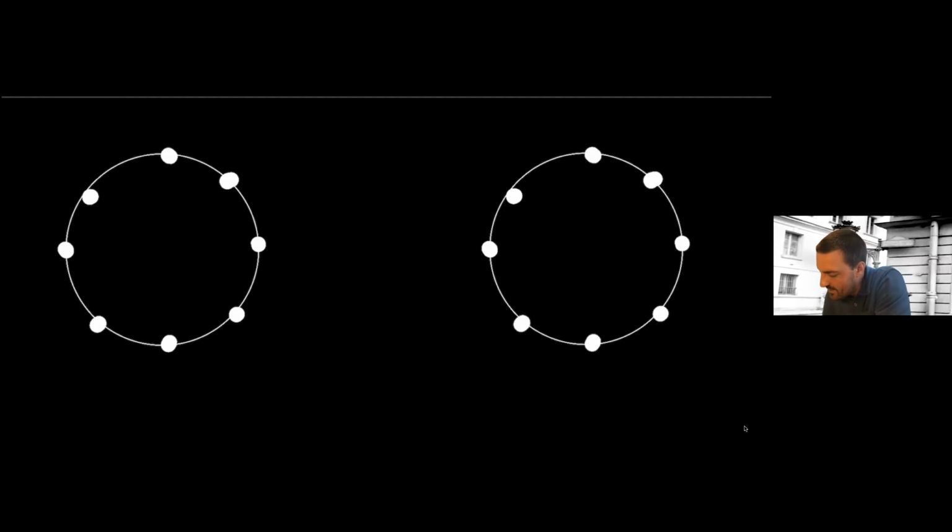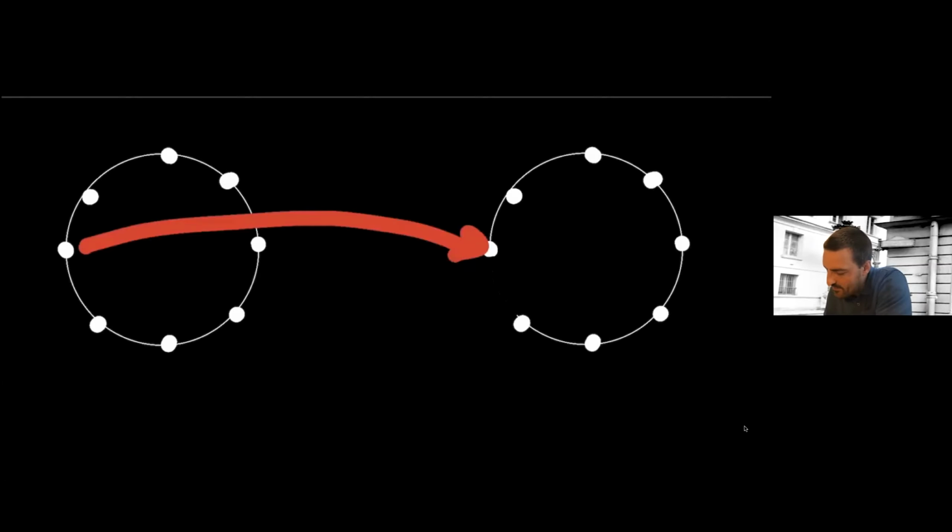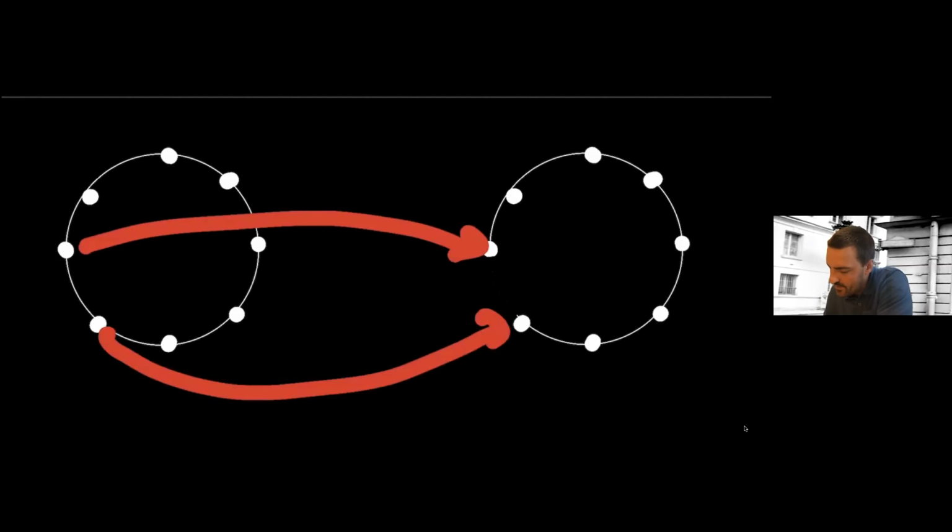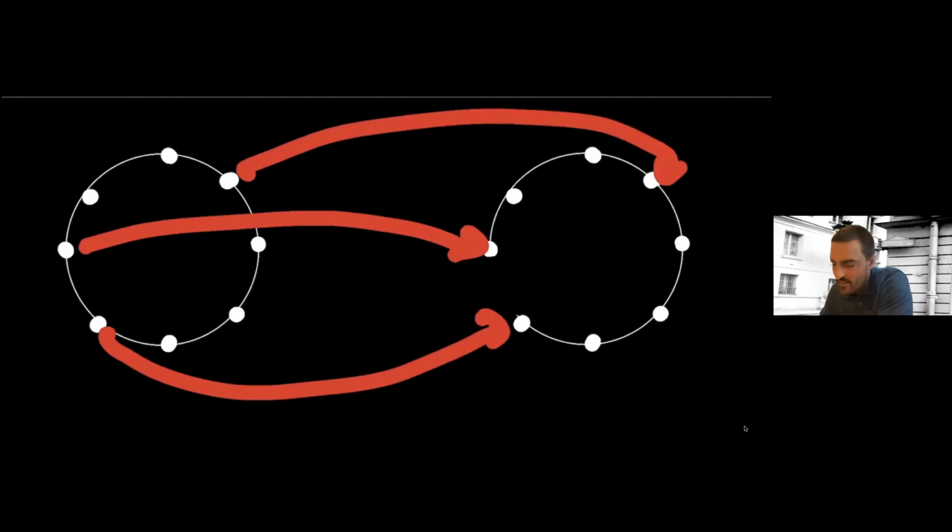So let's delete this edge, for instance. When you delete an edge of a cycle, obviously you obtain a tree. I mean, it's a very simple tree. It's just a path, and then you just send the points to themselves. So you will send this one to that one, this one to that one, and so on. So it's just the identity map.